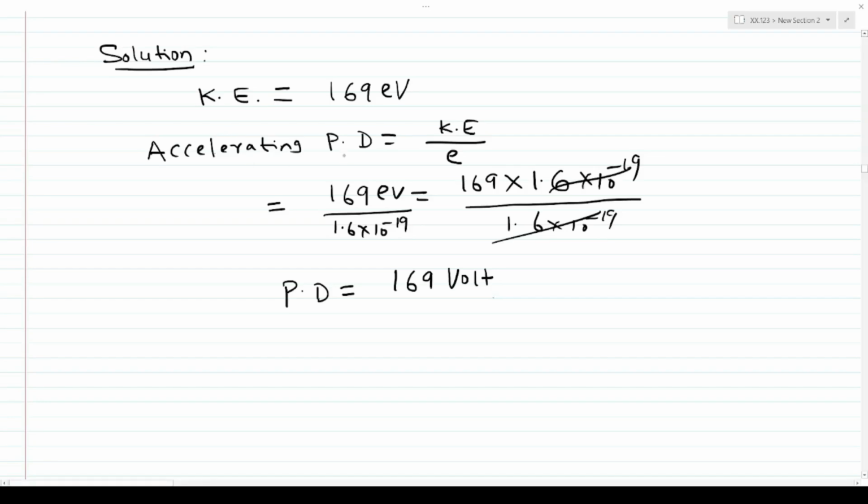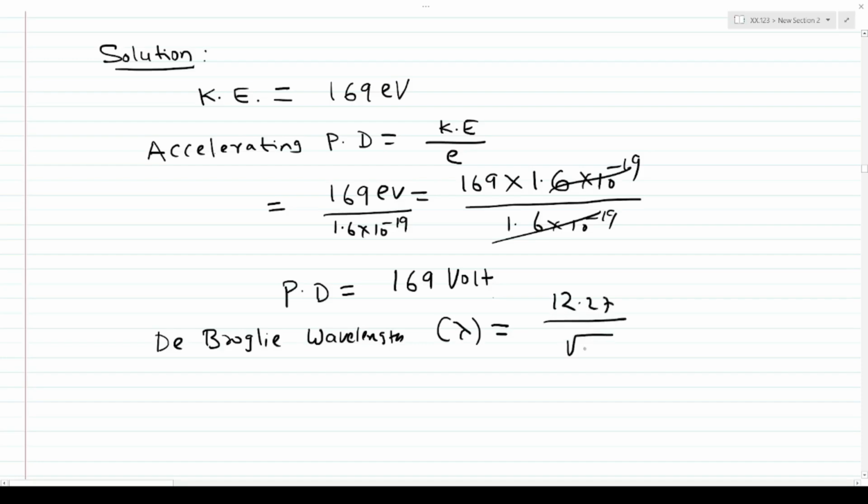Solution. Accelerating potential difference is given by kinetic energy upon e. So we get accelerating potential difference 169 volt. Now de Broglie wavelength, lambda equals 12.27 upon under root of V. The result would be in angstrom units.